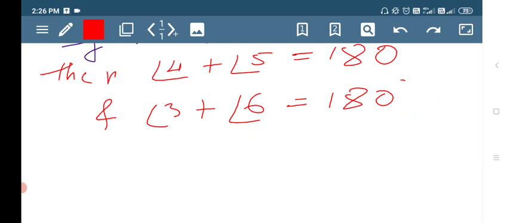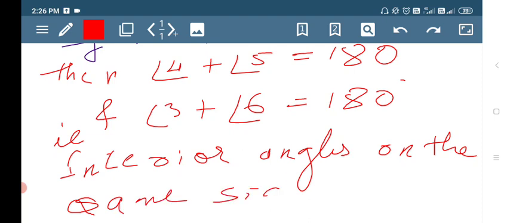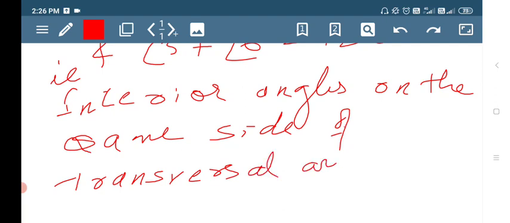That is, interior angles on the same side of the transversal are supplementary.